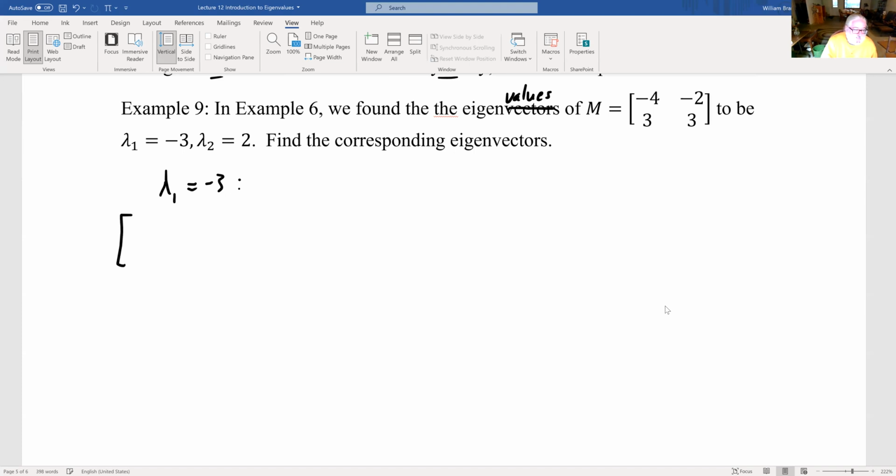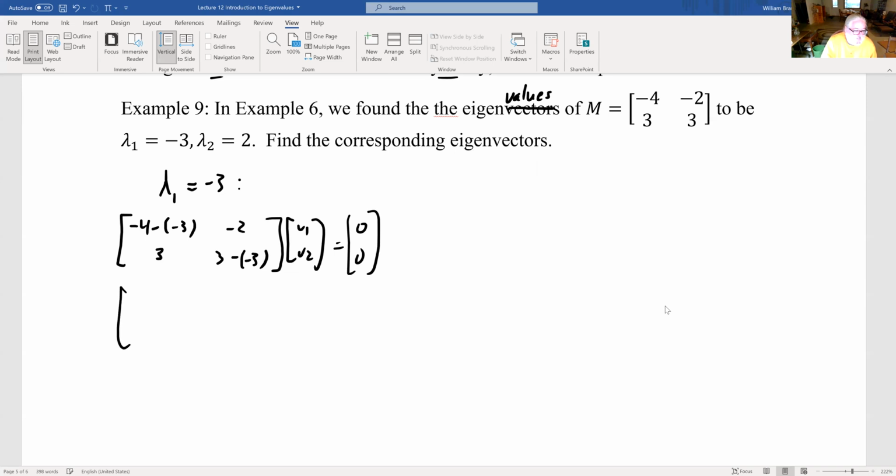So we take -4 minus -3, -2, 3, 3 minus -3, times v1, v2 equals 0, 0. And we want to solve that. We want to be careful here. We have -4 plus 3, which is -1, -2, 3, and 3 minus -3 is 6.